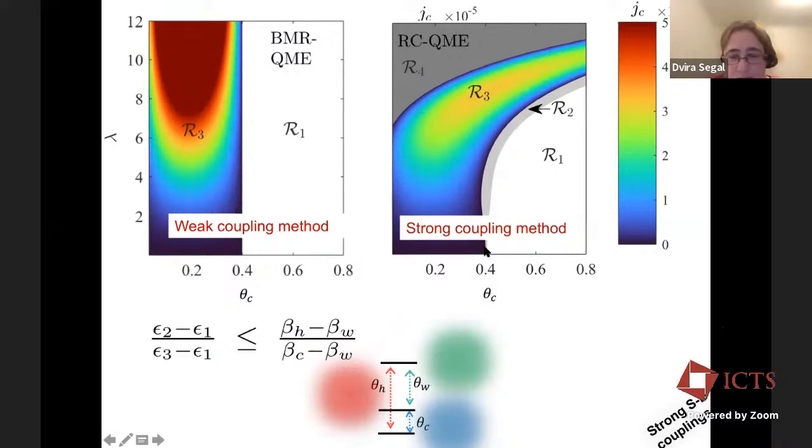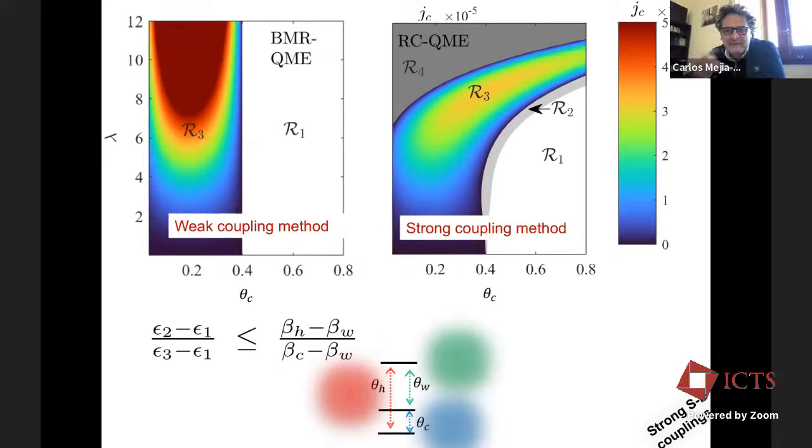This gray region starts right from the bottom. I would have expected that the two methods would give exactly the same results in the weak coupling limit, but it seems not so. Who should we believe?